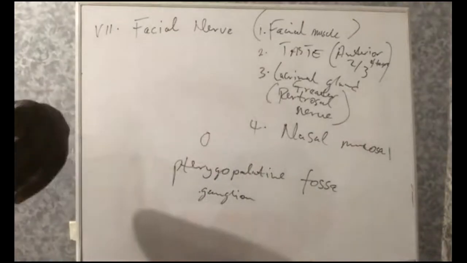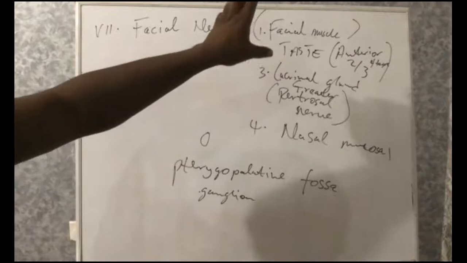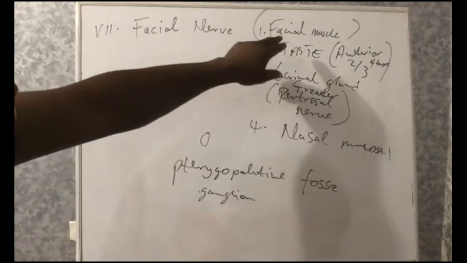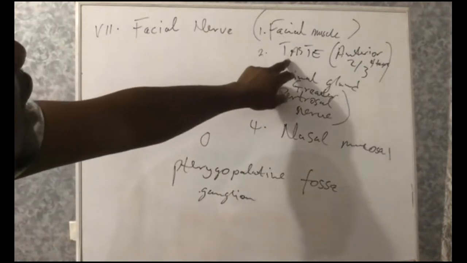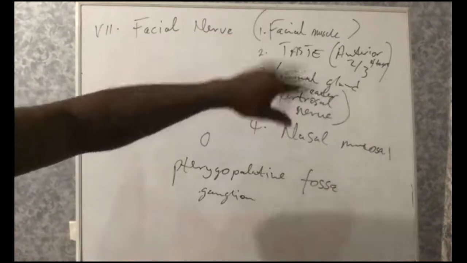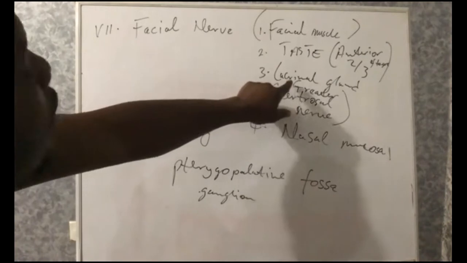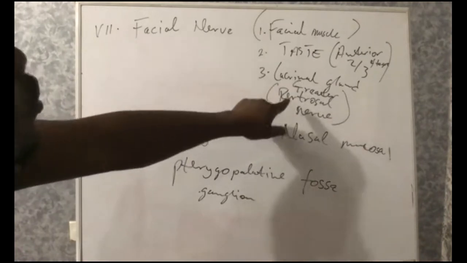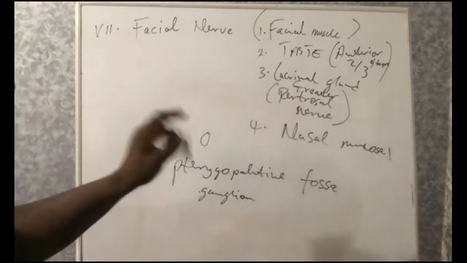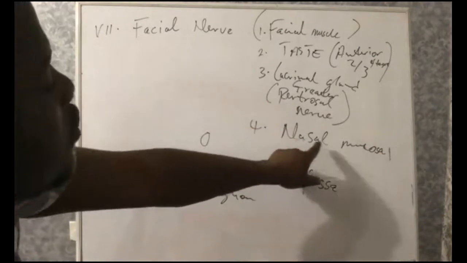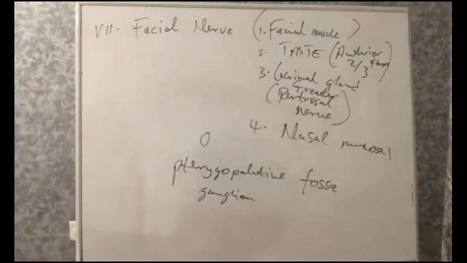It controls taste, so it is both a sensory and a motor nerve, right? It carries the sensation of taste from the anterior two-thirds of the tongue. It also has a parasympathetic role by controlling the lacrimal gland using its greater petrosal nerve, and that greater petrosal nerve also supplies the nasal mucosa. Now look at something.